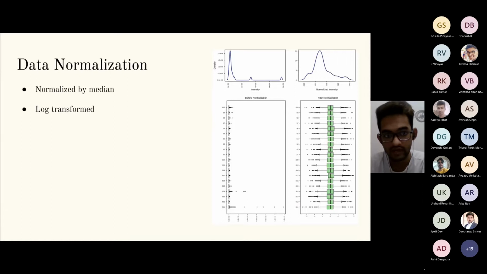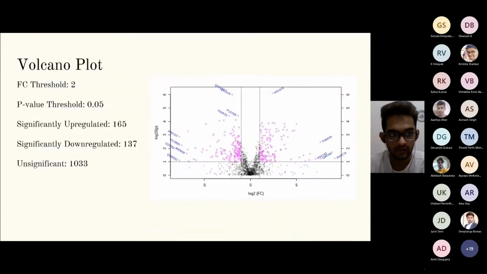After the missing value imputation, the data is normalized by log transformation. Initially there is a bias in the data, but after normalization you can see that you get a Gaussian-like intensity.